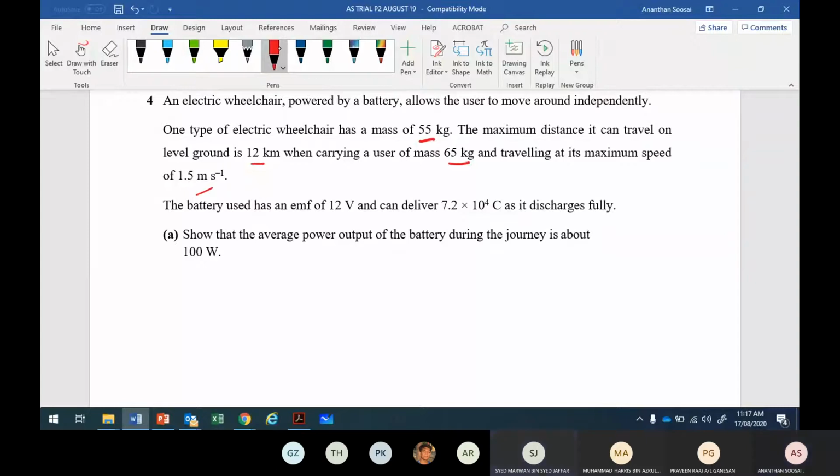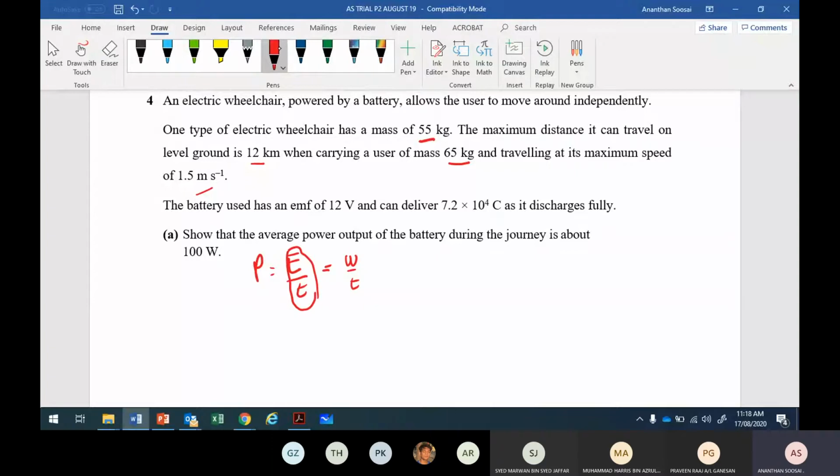Average power during the journey is about 100 watts. So what is power? Power is energy per unit time, energy dissipated per unit time. Or we can go for work over time, but in this case, I go for energy per unit time.